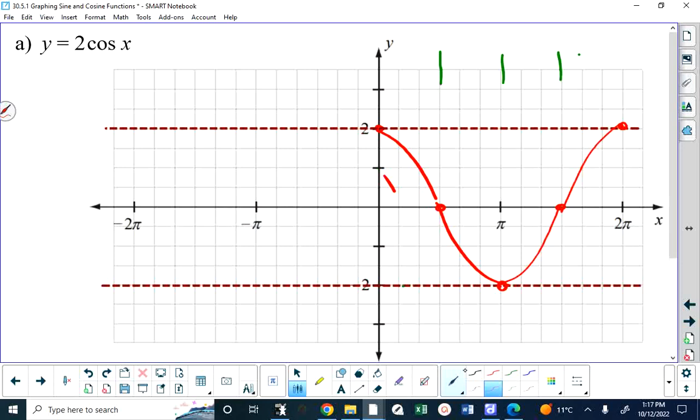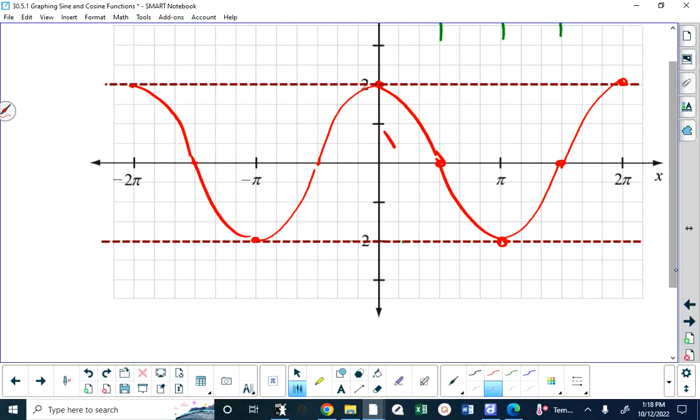If your graph doesn't look pristine, don't worry about it. You'll get better at it. And if you want to continue in the opposite direction, you certainly can. This is just a matter of kind of a visual pattern. Down, down, up, up.